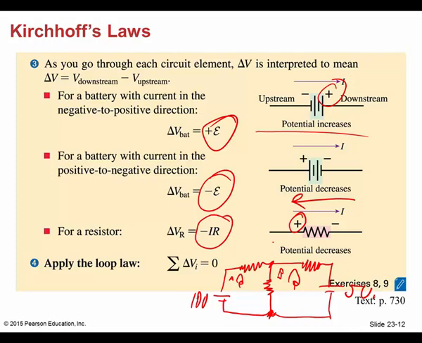Now, you say, how do I know when I'm going to add and when I'm going to drop? Here again, you always draw your diagram first, label your loops, and determine which way you're going to go around the loops, and you do it the same way on both of them. So let's say we start right here and go that way. You always have to assign current direction.